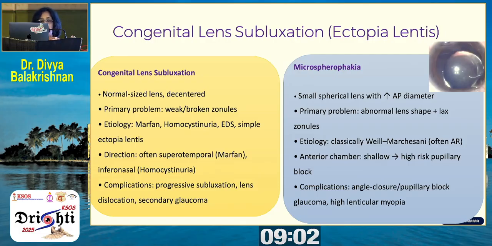Normal lens subluxation can happen in conditions like Marfan's and even homocystinuria, as Dr. Meena has already mentioned, with complications which might occur because of the progressive subluxation. But in microspherophakia we need to be very careful because the lens diameter is less and the thickness of the lens is more, so there is an increased chance of recurrent pupillary block. The refractive error these kids have would be on the higher side. So we need to initially differentiate between these two entities.